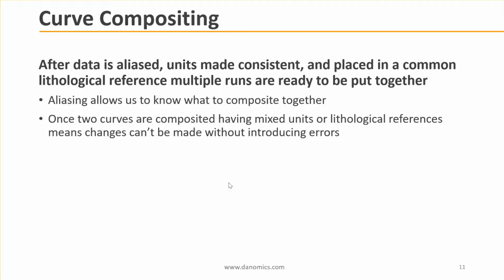So we can go through at this point and stitch our logs together, but we need to make sure that we aren't compositing things that have mixed units or mixed lithological references, because once you do that, you really can't make changes without creating some errors. So if you stitch together a density porosity sandstone and limestone together, then if you convert one or the other over, it's not going to be correct for the whole. So we need to keep those separate.